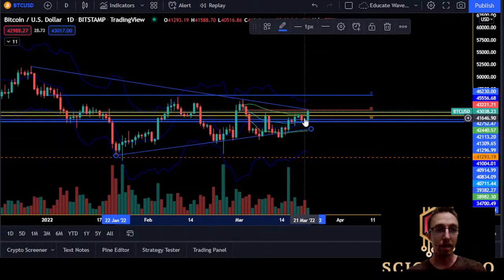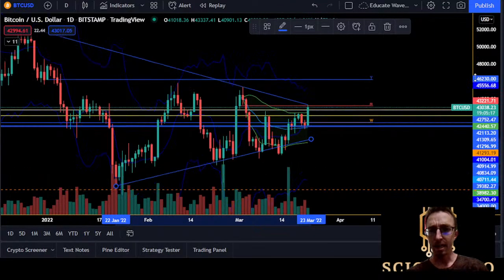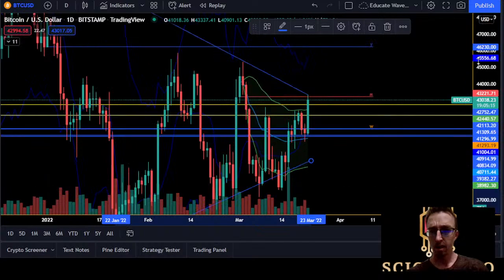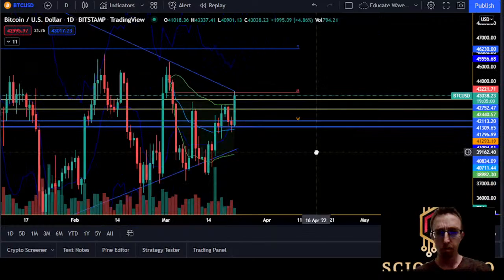So what's going on right now? Let's hop back to that. Throughout the time, I drew some very prominent levels. These Scion algo wave levels are very prominent here.